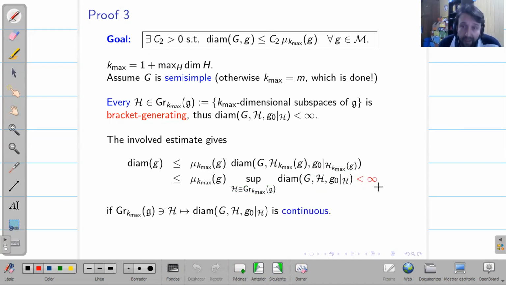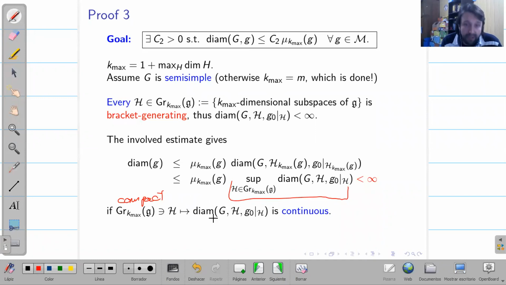But we still have to prove that this is finite, right? Okay, this number is finite because this is compact, and because the functional that associates to any k-dimensional subspace its sub-Riemannian structure and takes the diameter, this is a number, this is continuous. And because this is compact, this has a maximum, right? Why is this continuous?